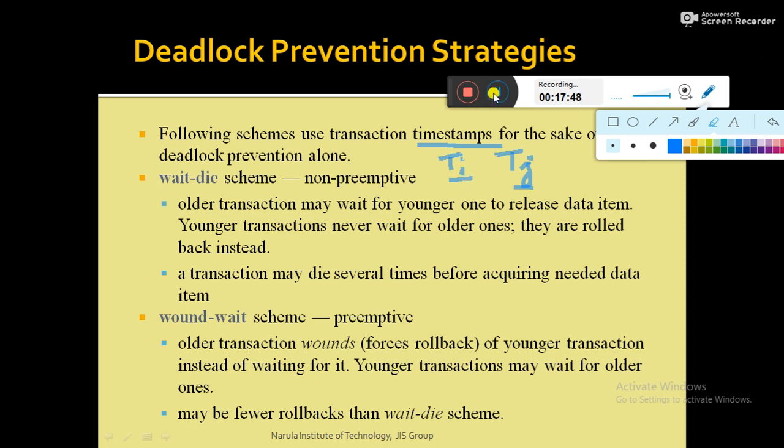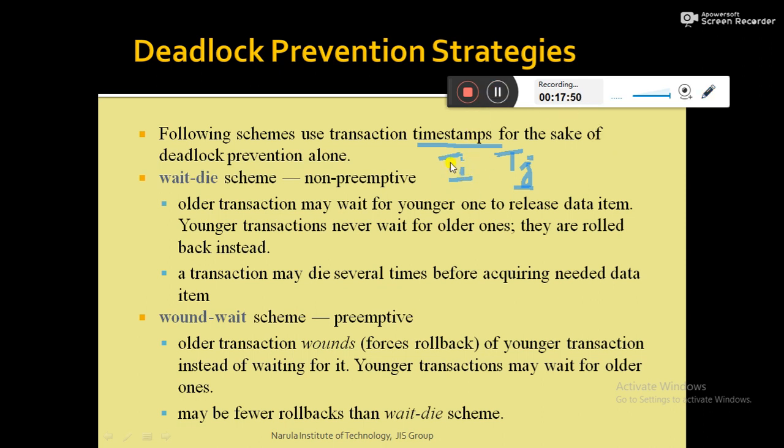But if transaction Ti is not older than Tj, meaning Ti is younger, then the system will roll back the transaction Ti. Rollback means that Ti is going to die. Again I am repeating the wait-die scheme.